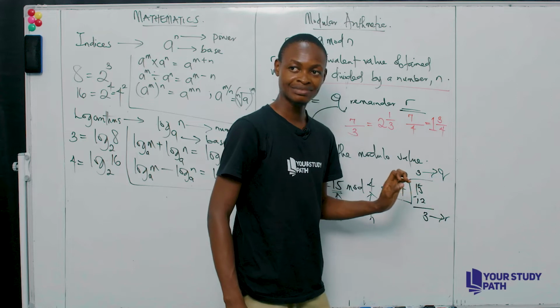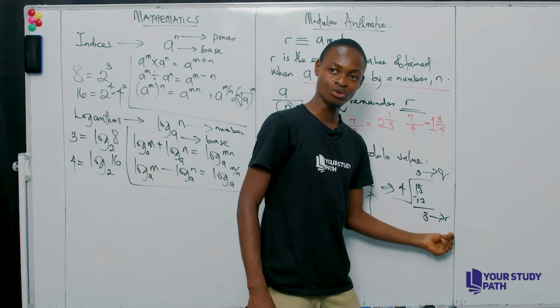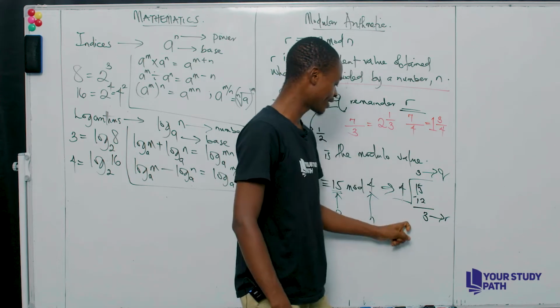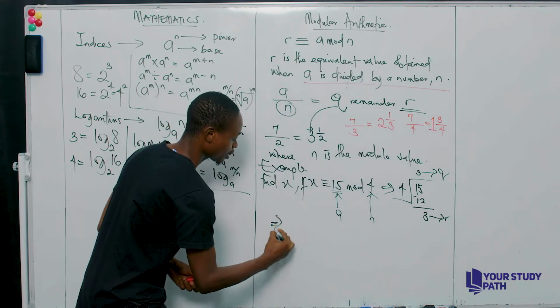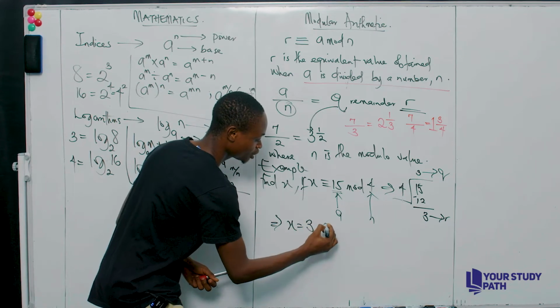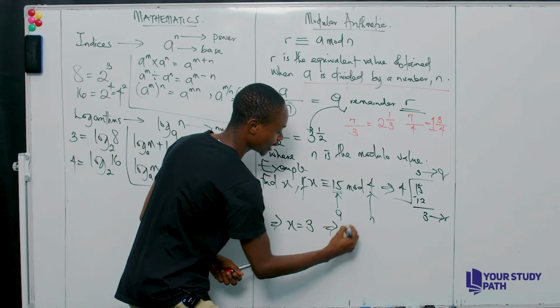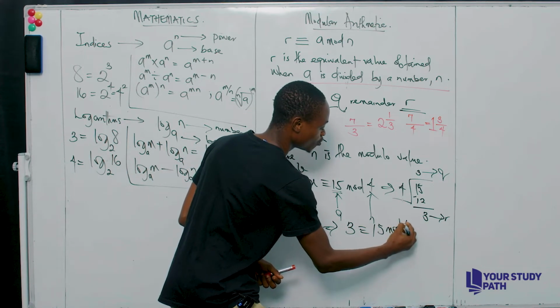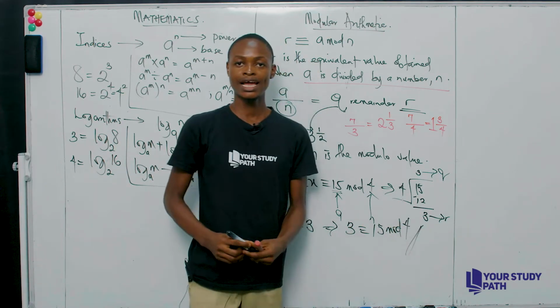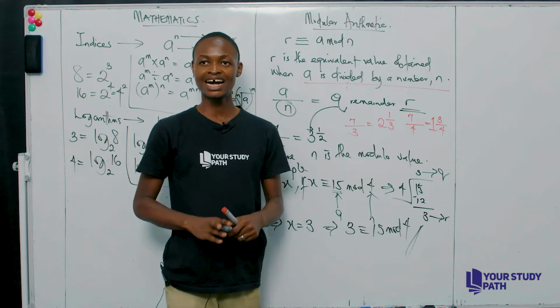What we need is the remainder value, right? So here, the remainder is 3. What this means is that x is equal to 3, which obviously follows that 3 is equivalent to 15 mod 4. End of that question. Let's take another one.